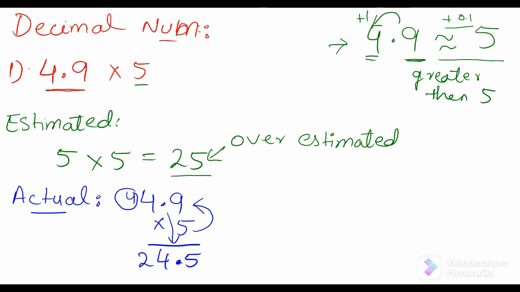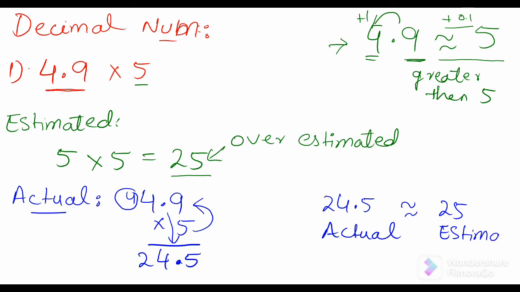Let me write these two values all together. 24.5, which is my actual value, and 25, which is my estimate. These two values are making sense and they have a very slight gap between them. So I can say that my answer is reasonable.